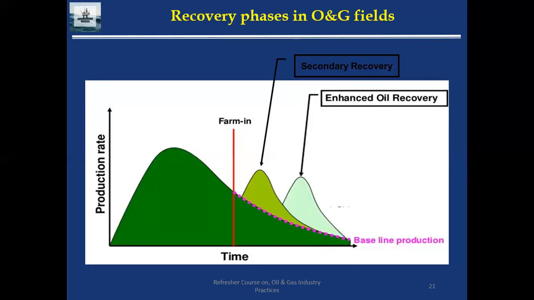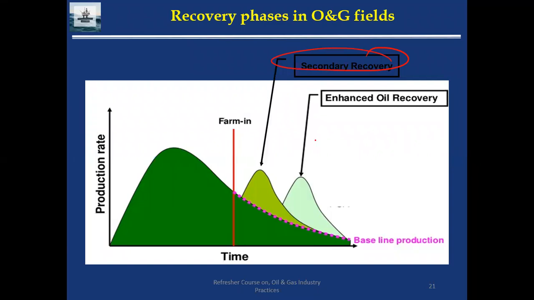So as we are doing this, we prolong the economic limit or the abandonment limit that we are trying to achieve. By the introduction of secondary recovery, we shall be able to prolong the abandonment phase, or the productivity period.